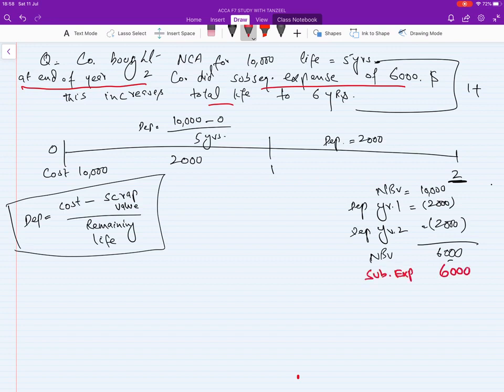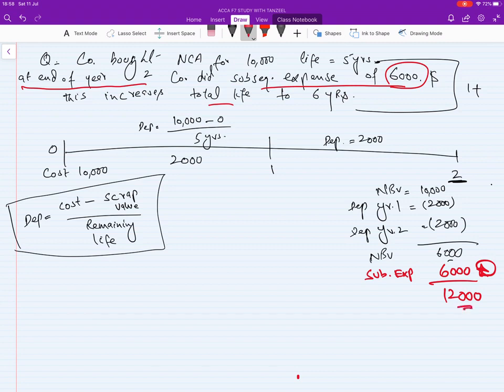With the subsequent expense, the cost is now 12,000. Previously the net book value was 6,000 and you have spent 6,000 more, so you can add this here. Now the cost you can consider is 12,000.